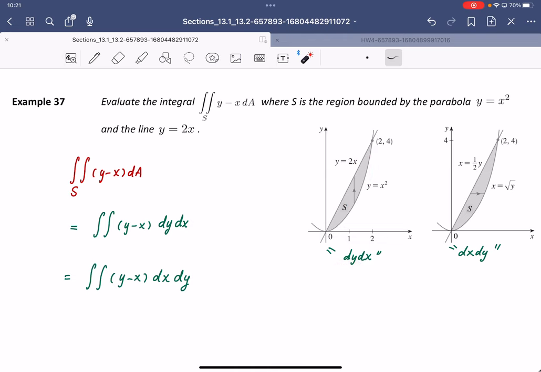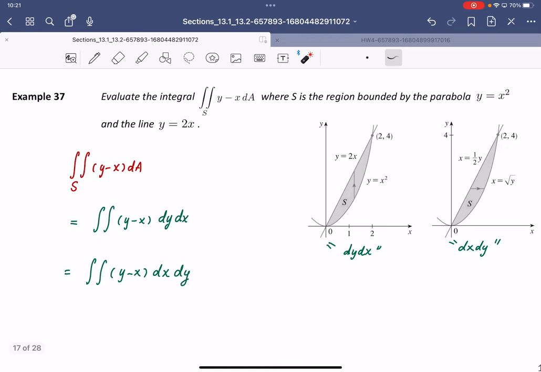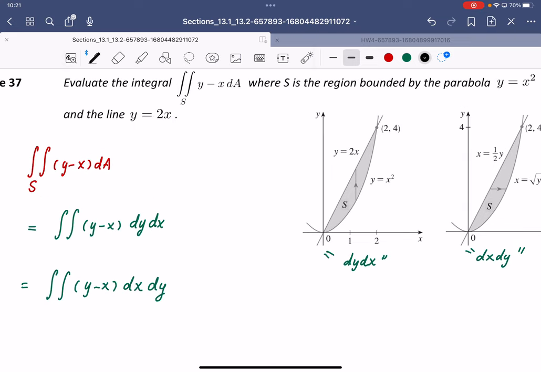So how do I know what is going to be my domain of integration here? From the first picture, you slice the region vertically, right? You have to think which one is the bottom curve, which is going to be the green one, and the top curve is going to be the yellow one.